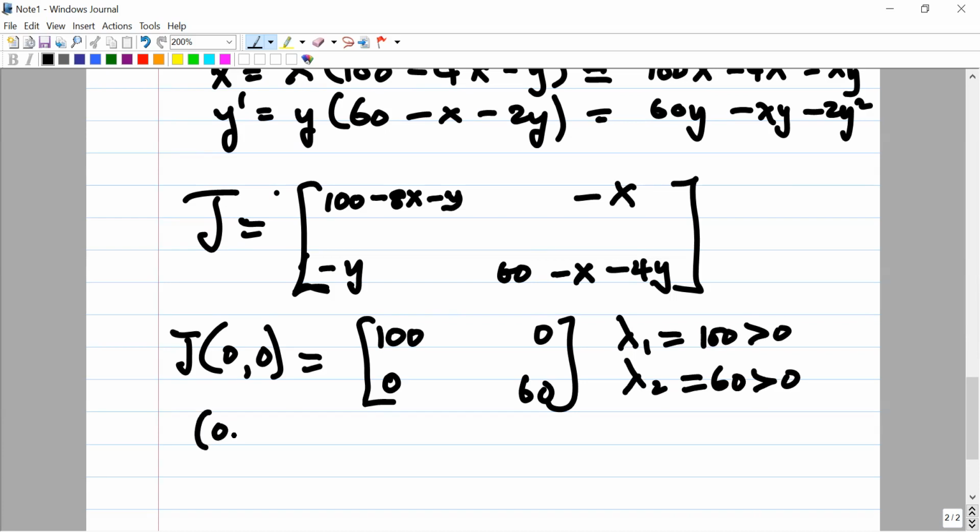So the 0,0 equilibrium is unstable. Basically we are saying extinction is not possible here, because no solution will go to this equilibrium point.